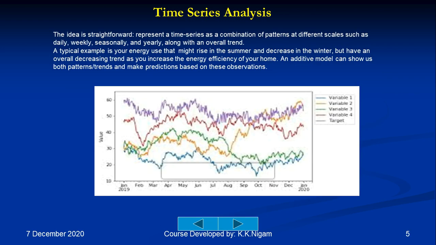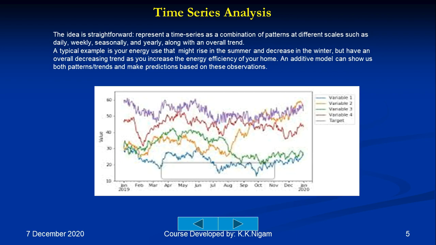The idea is straightforward. Represent a time series as a combination of patterns at different scales such as daily, weekly, seasonally and yearly, along with an overall trend. A typical example is your energy use that might rise in the summer and decrease in the winter, but have an overall decreasing trend as you increase the energy efficiency of your home.